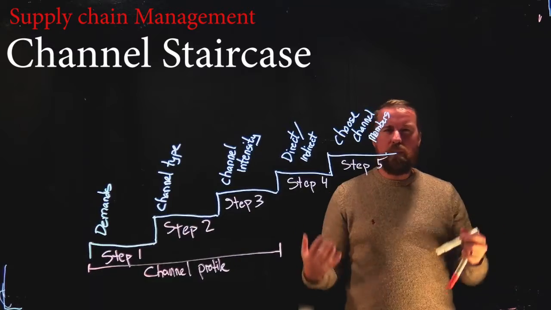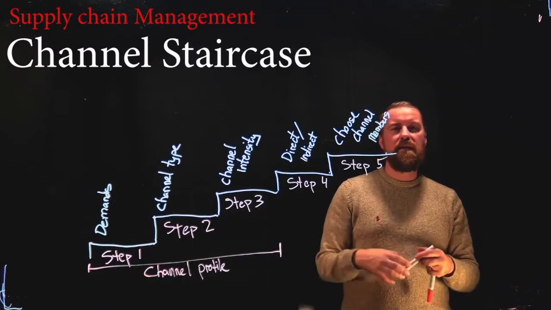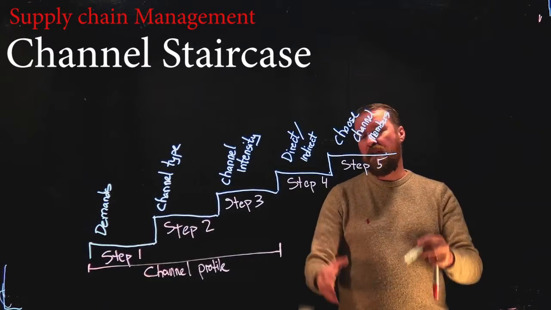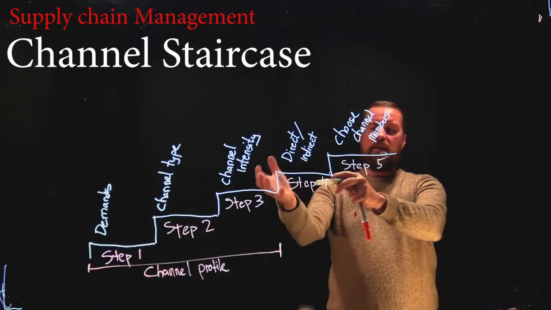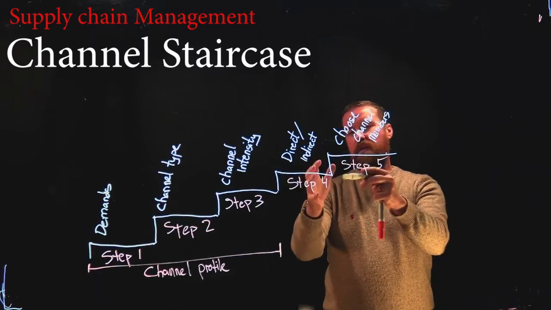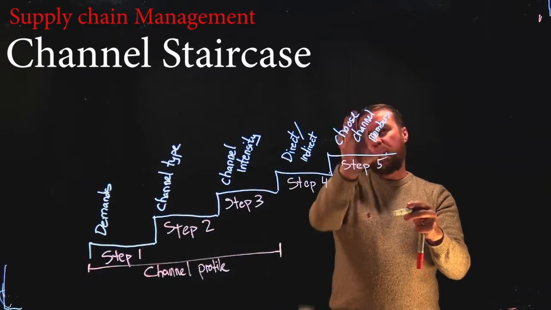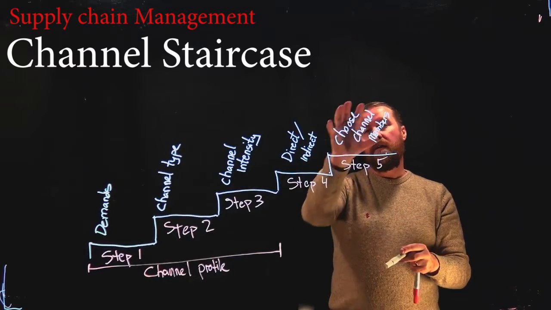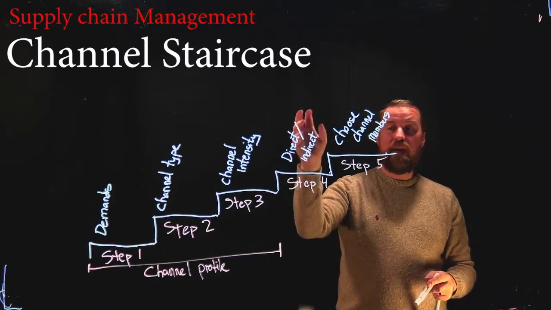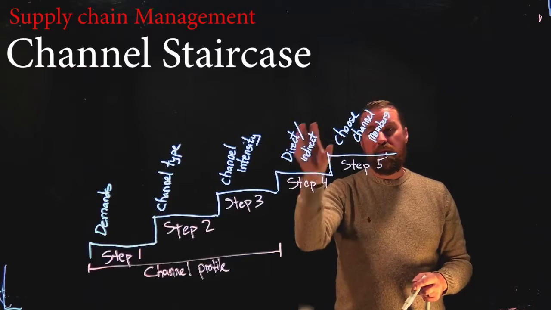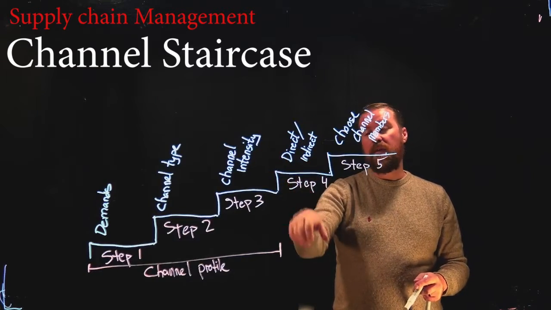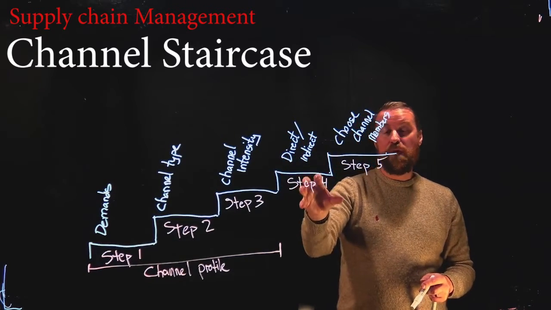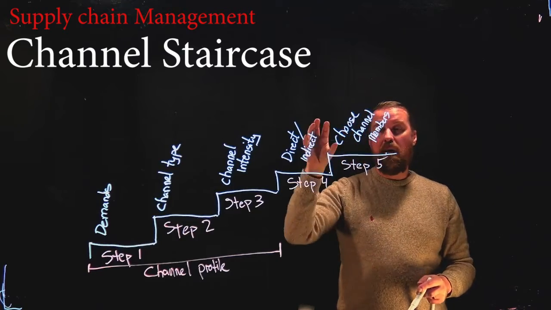It's rather a desktop exercise. Then you look at, not necessarily in the step 4, step 5 order, because can you find the channel members to support an indirect mode? Well, then that's what you will do. But you need to figure out first, before you choose the members, are we going direct?